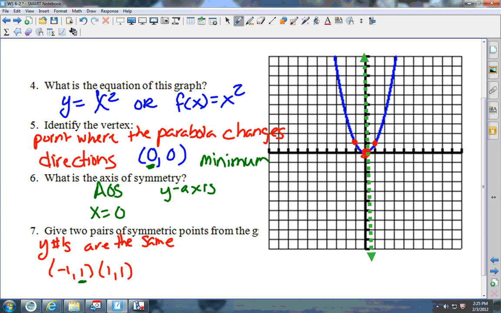See how these y numbers are the same? Another one. We've got 2, 4 and -2, 4. I've also got right here where they're the same on an exact point, 3, 9 and -3, 9.